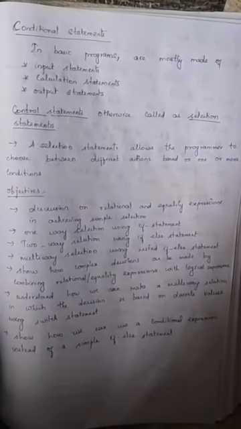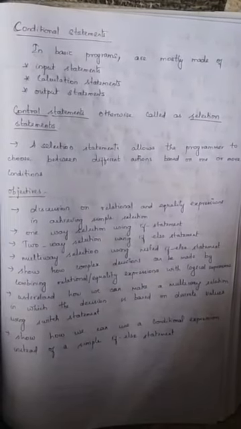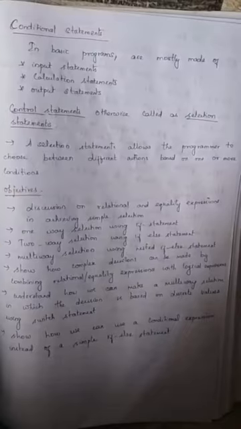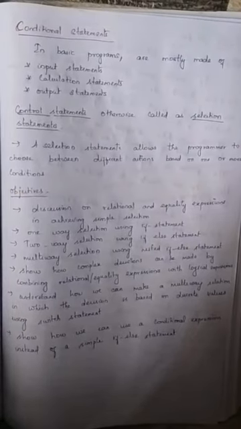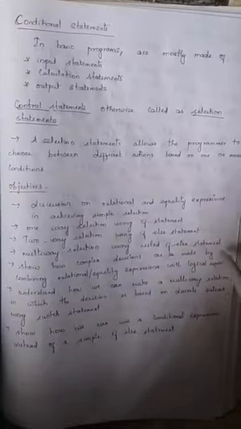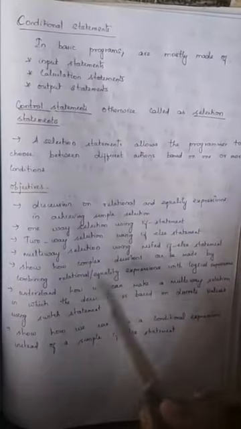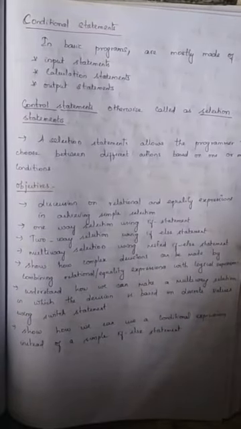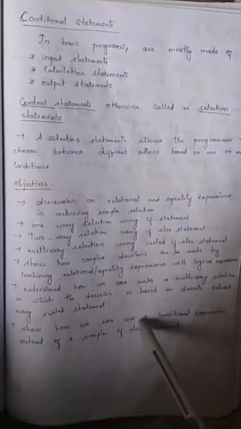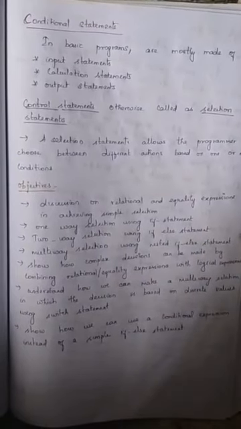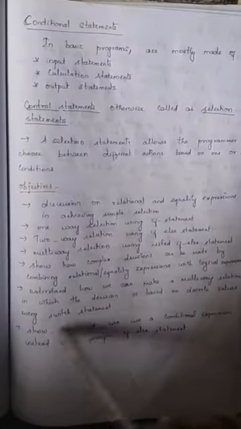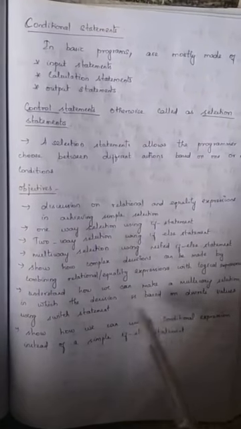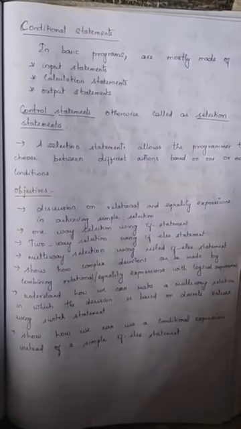Show how complex decisions can be made by combining relational and equality expressions with logical expressions. Next, understanding how we can make a multi-way selection in which the decision is made on discrete values using the switch statement. What the switch statement is, we'll be seeing in the upcoming video session.